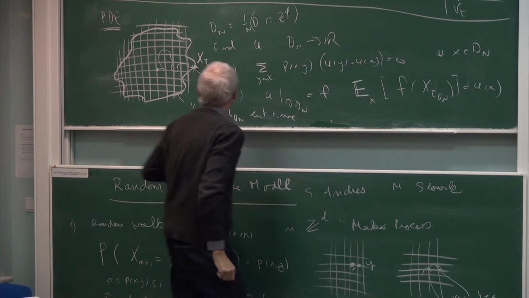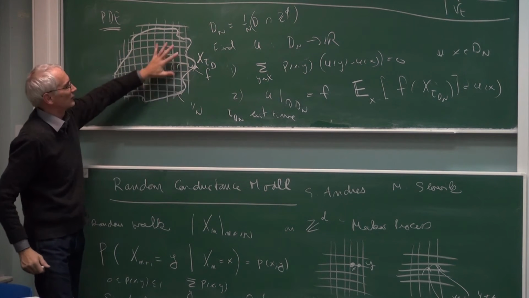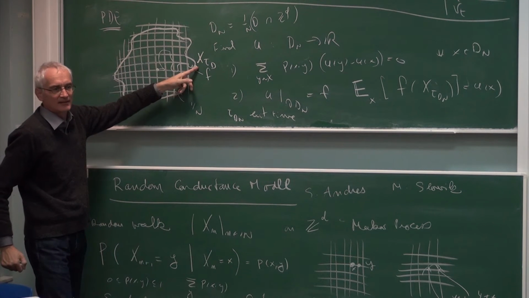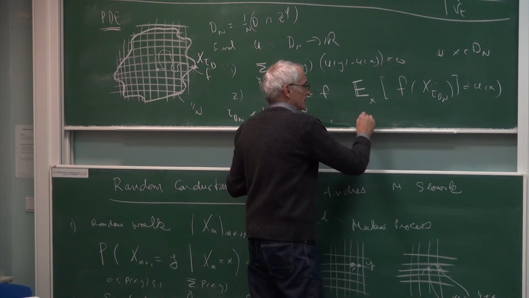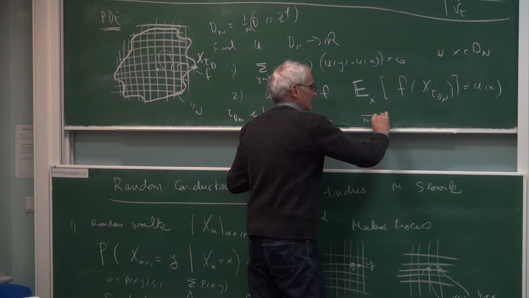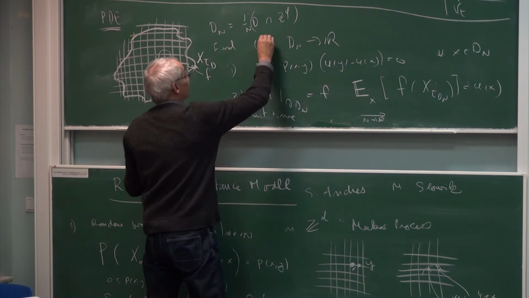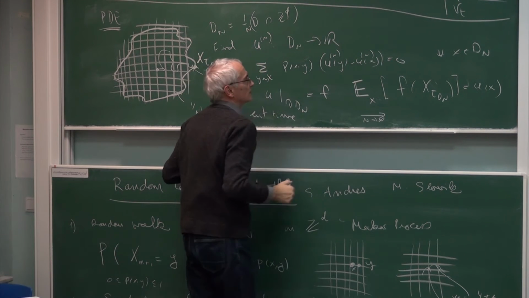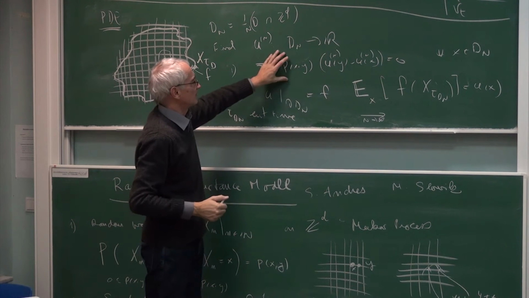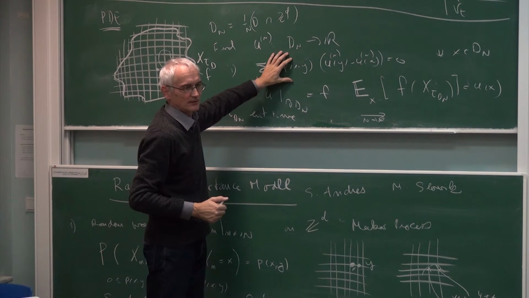So again, you start your random walk, you sample your random walk, you wait until it exits the domain, and you evaluate it here. Now it turned out that this will converge, as n to infinity, so maybe I should put the n here, to the corresponding function here, where instead of having p here, I just have the Laplacian.